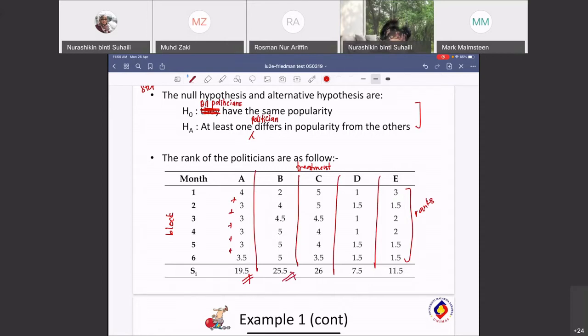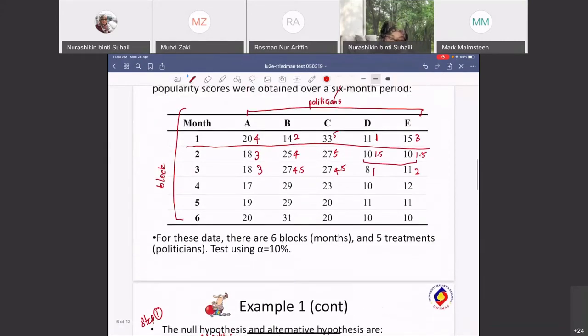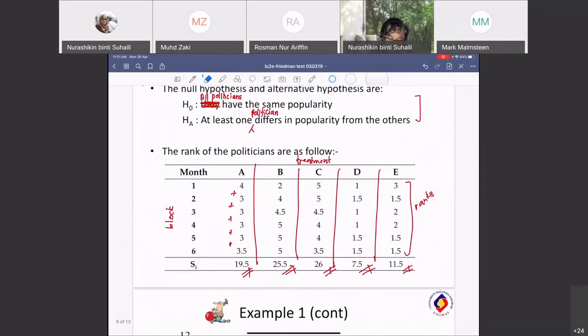And you do the rest as well. And don't get confused. Don't sum up the values. It's not 20 plus 18 plus so on. It's the sum of the ranks. Okay, so that is step 3.